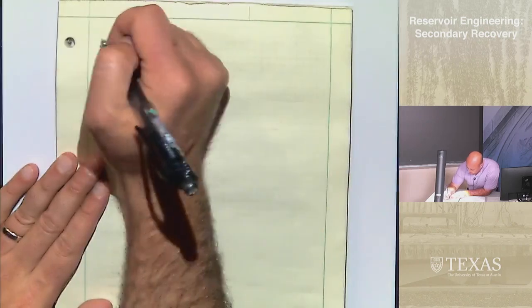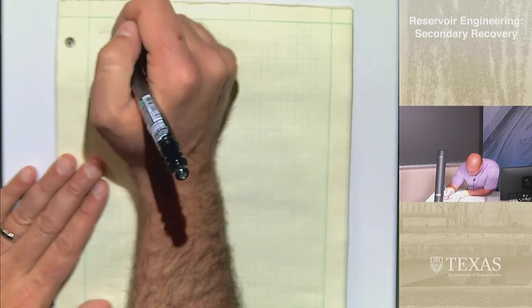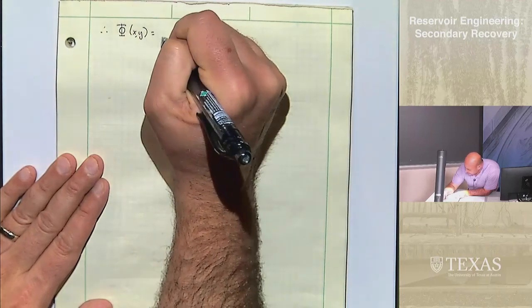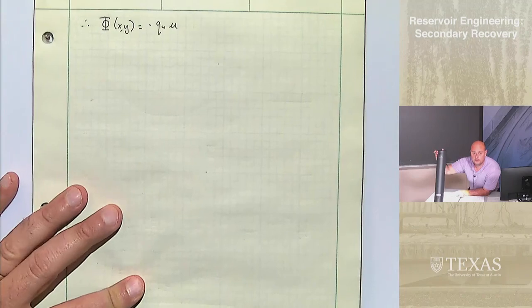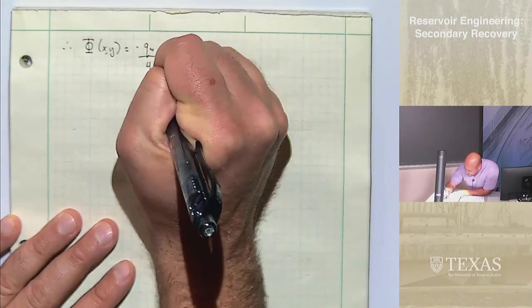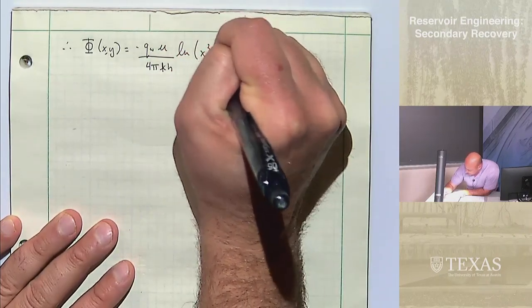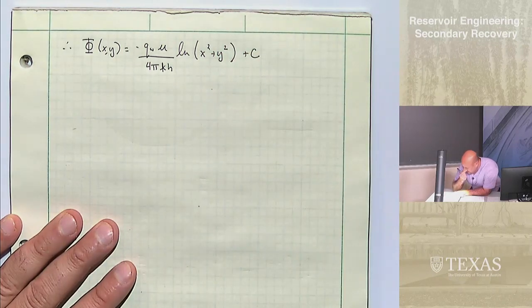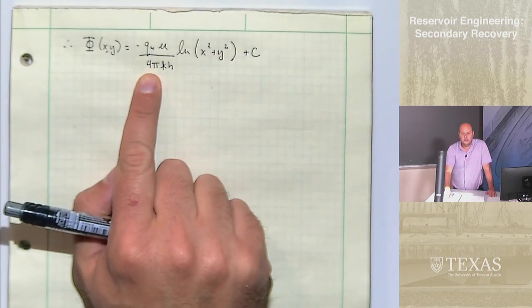So I can say, therefore, phi of x and y is equal to minus Q_w viscosity. Okay, now you might notice that I had a 4 here, and before I had a 2.